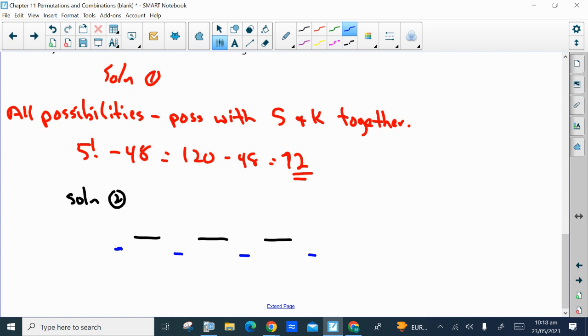So these blue spaces represent places where Shay and Caddison could be put. Now, there's only 2, Shay and Caddison, but there's 4 different places that they could be put in. So 2 of them will be filled, the other 2 will be empty, but it doesn't change the fact that these are the number of places that we could put them.